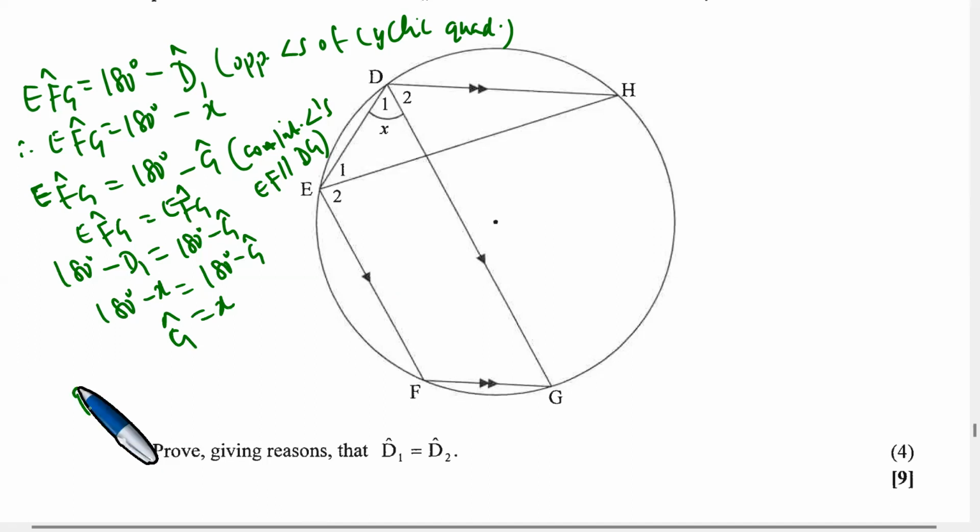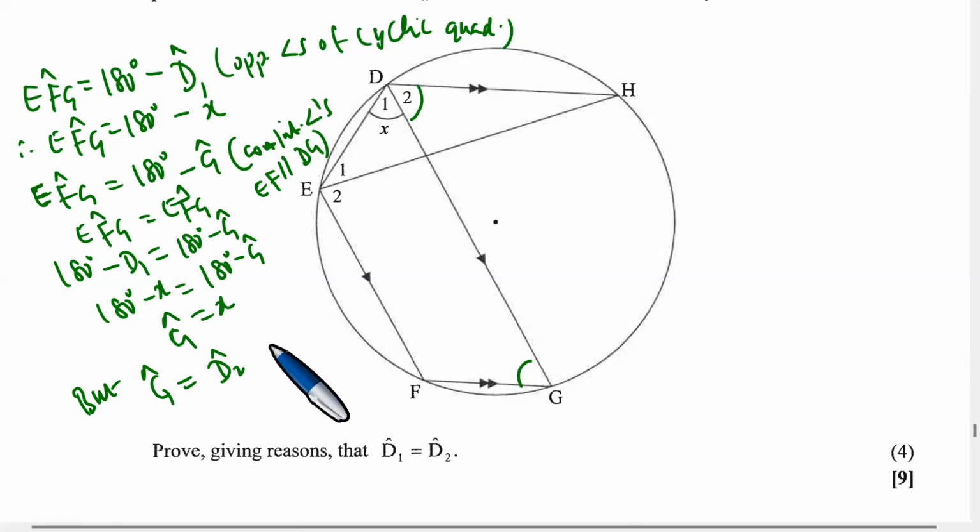But angle G is equal to angle D2, because now you have alternate angles. So this angle is equal to this one.